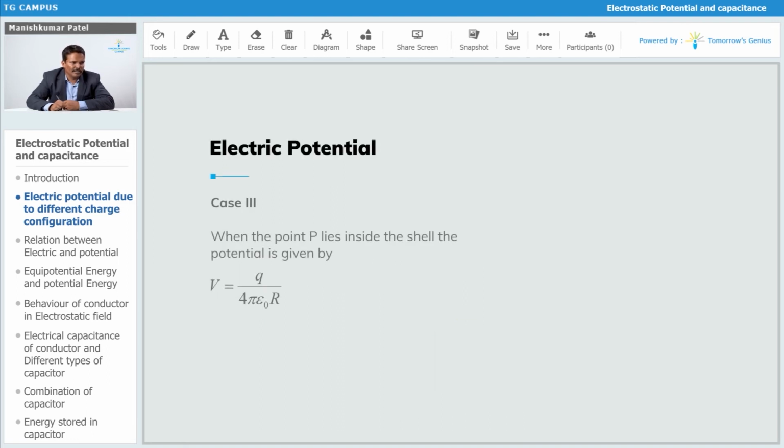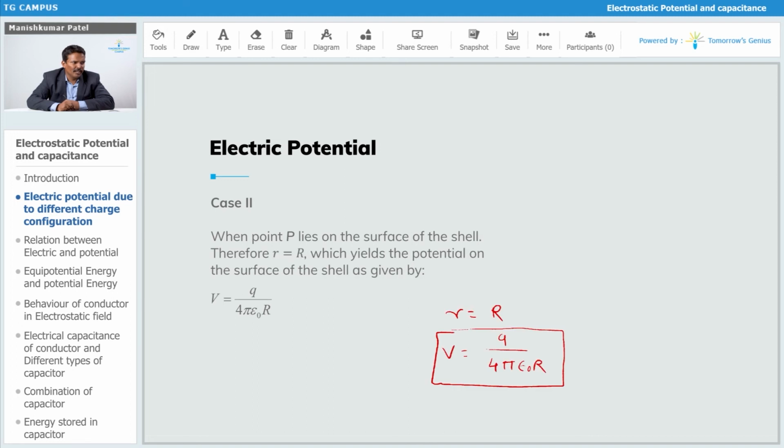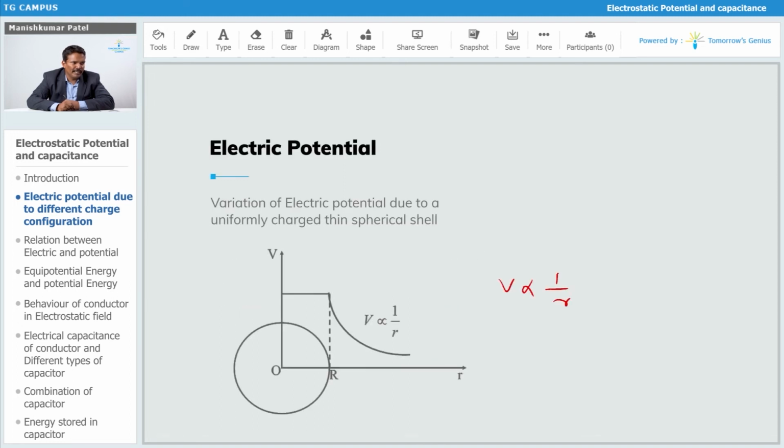And for the third case, we have to see when the point P lies inside the shell. Let's consider this point P is over here. Since the charge is distributed outside this point P, the field inside the shell is 0, because it doesn't contain any charge.